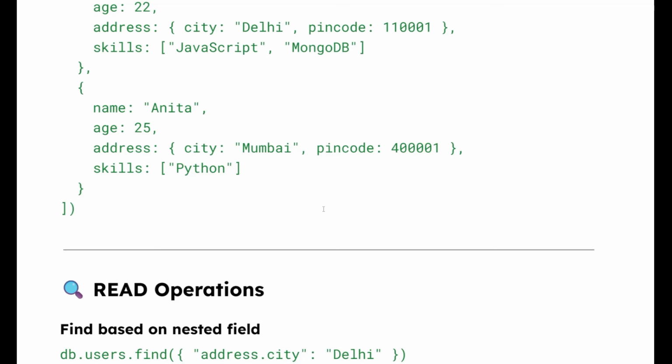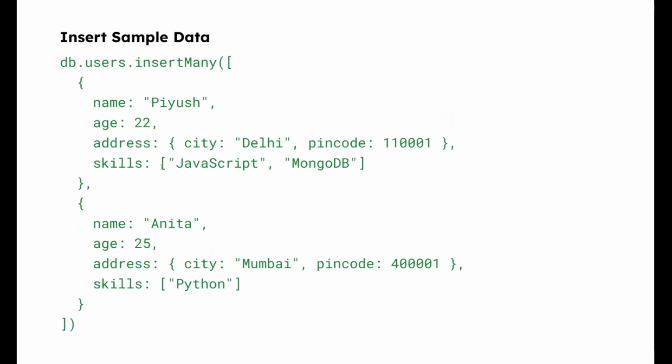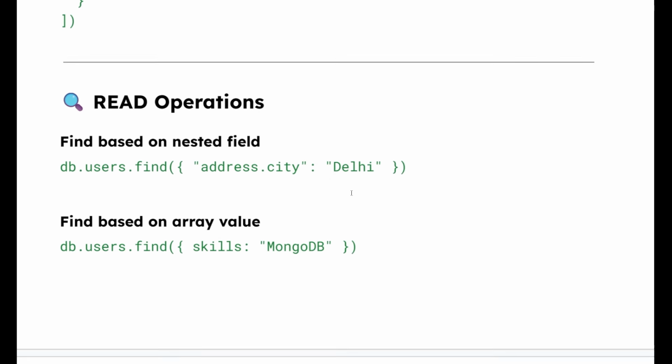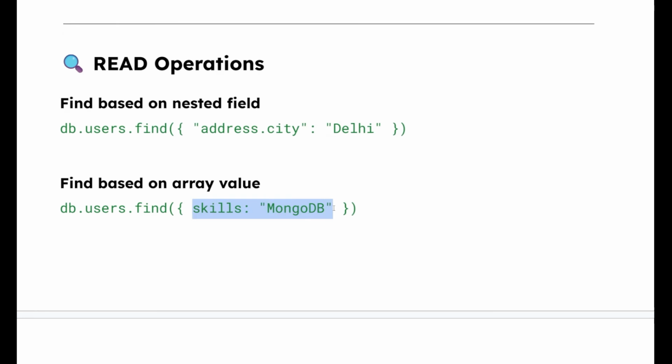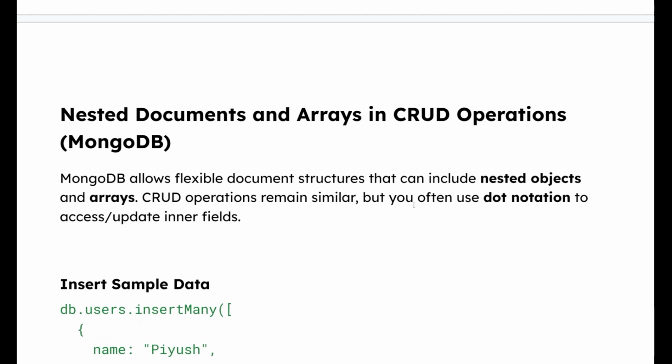And in case of the array, when we are finding on the basis of the array value, you don't need to put any dot and other things. You just need to mention that particular key and any of the values which is present inside of that particular array. It will search for the complete document based on that, right? You can check, this is what we have done earlier. So this is how we deal with the nested document and array in the CRUD operation of MongoDB.